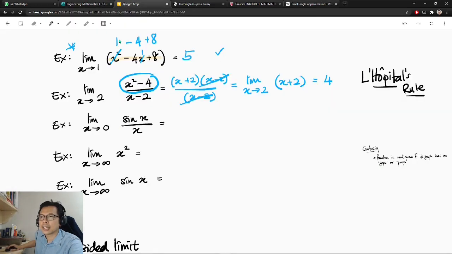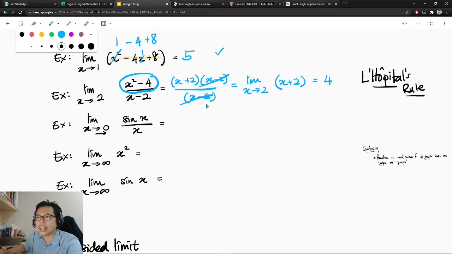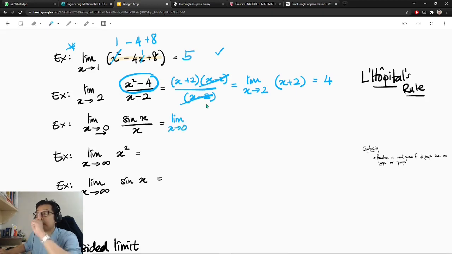Because we are checking the limit when x is approaching 0, x is really, really, really small. So we can rewrite this using the small angle approximation, because x approaching 0 means that x will be really small.